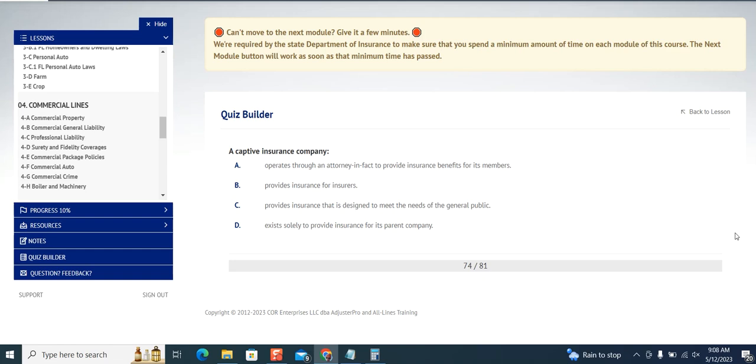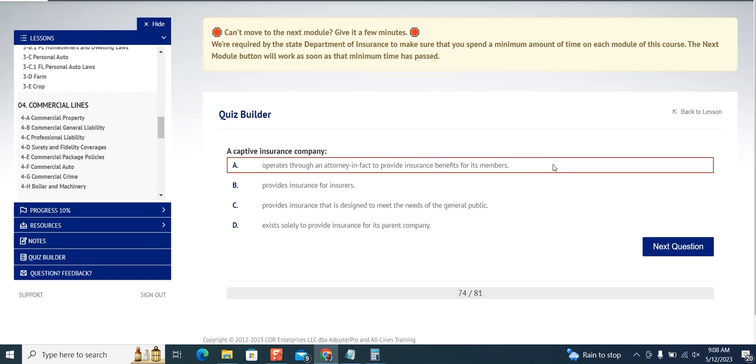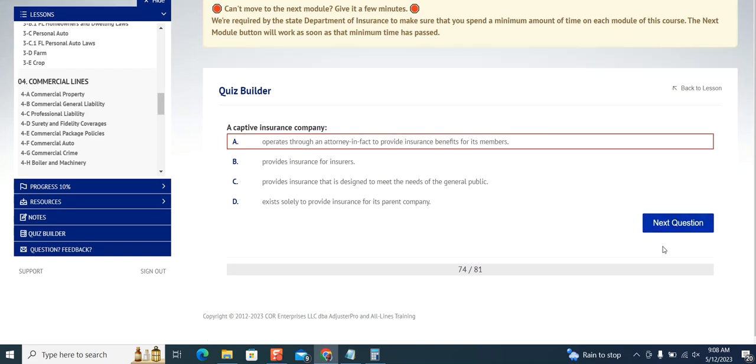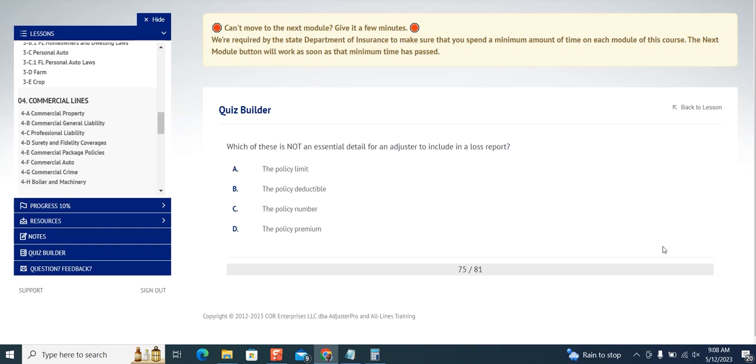I have no idea. Provides insurance for insurers. We're just gonna guess. I don't even remember. I don't have a clue.